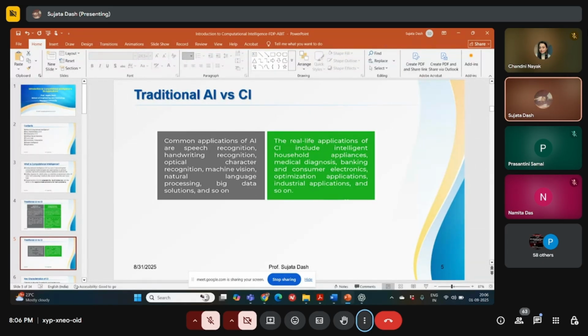And the third one is banking and consumer electronics. In this application, fraud detection in financial transactions can be made, and adaptive features in smartphones and TVs or recommendation systems can be developed through this.